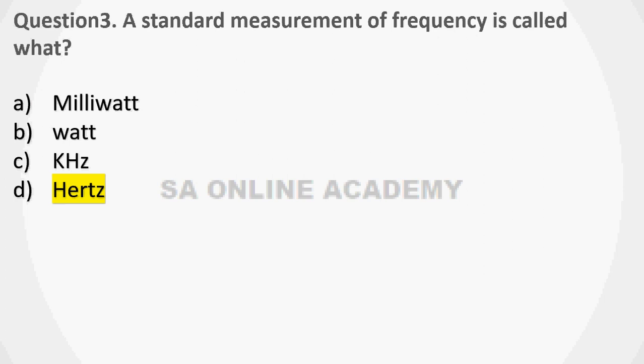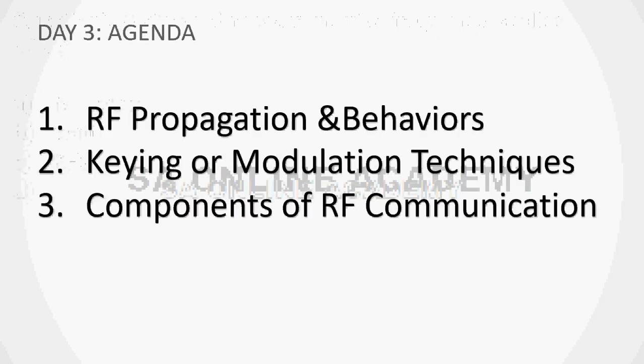Okay, now let's start with our today's agenda. We will be discussing RF propagation and behaviors, modulation techniques and components of RF communication. So first of all, what is RF? What is an RF signal, or radio frequency signal, or wave propagation?